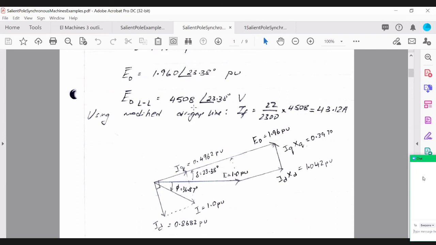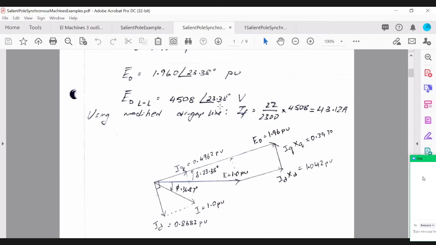That's what we looked at in the previous course. When your machine is operating under load and you want to determine the field current, we use the modified air gap line. You take the rated voltage and its corresponding field current, take the ratio and multiply by the voltage to get the field current for the new operating voltage.